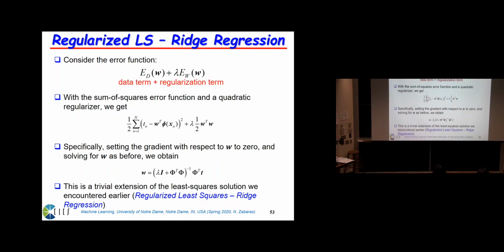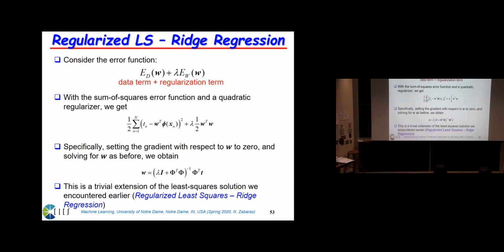So capital phi is the design matrix, and I mentioned in the last lecture that effectively what this type of regularization does is this matrix is really ill-posed, so when you take the inverse, it will blow up. So effectively you regularize by adding a small lambda number, that's the regularization parameter, in the diagonal of phi transpose phi.